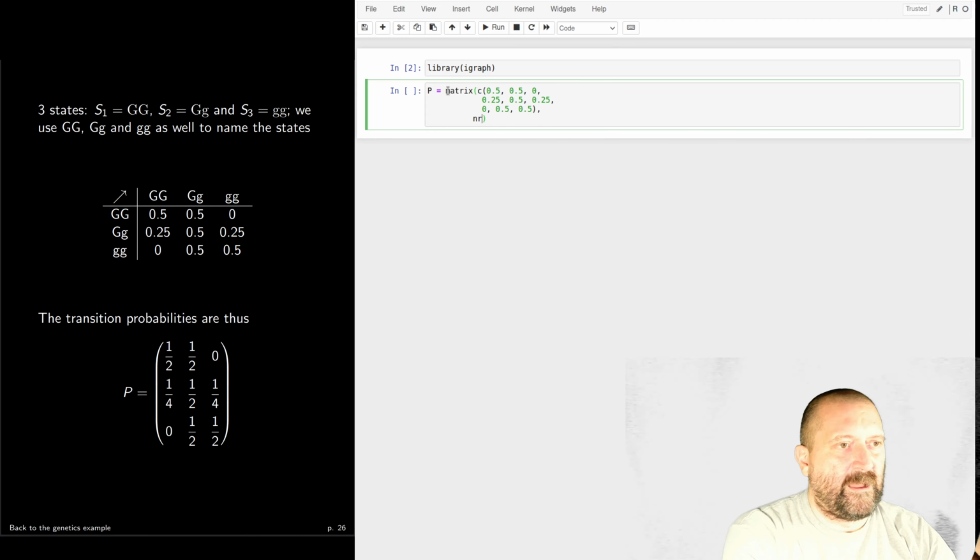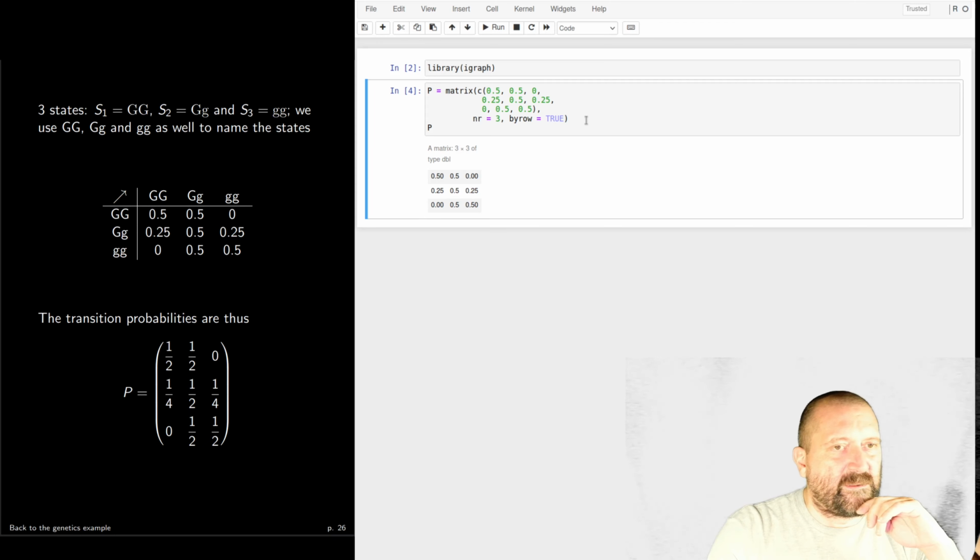I entered it. It has 3 rows, and it is entered by row. If I check what the value of P is, I should get the matrix that I want.